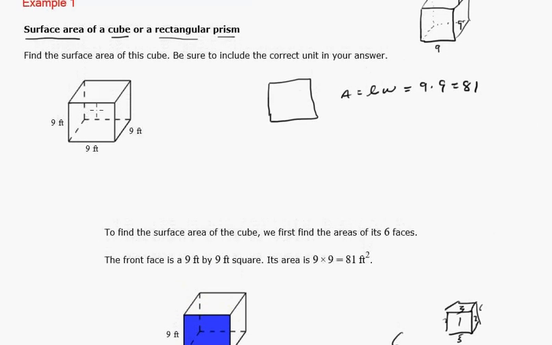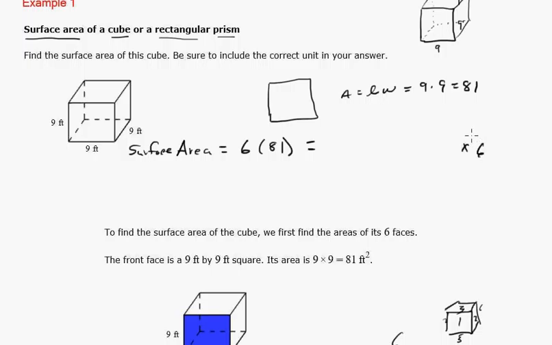So there's 6. So for the total surface area, the surface area would be 6 times the area. So 6 times 81.